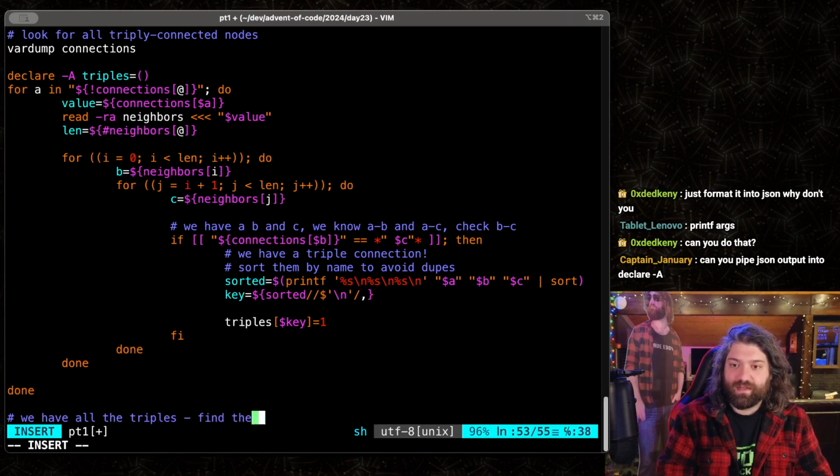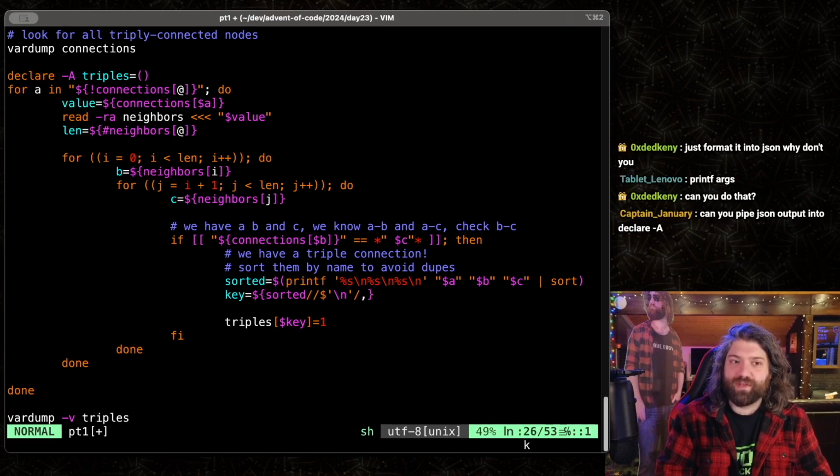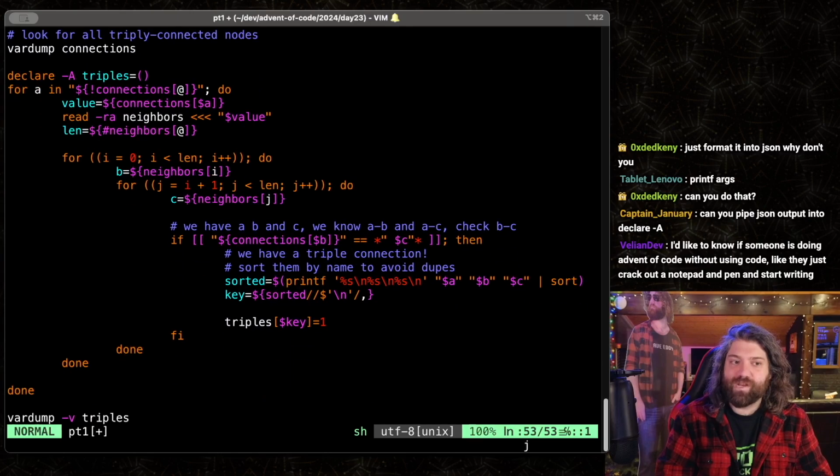Find the ones that start with T. No, I don't want to implement it this way. Let's filter out the ones that don't start with T, because we don't care. No, we do. Never mind. I do want to do it this way.